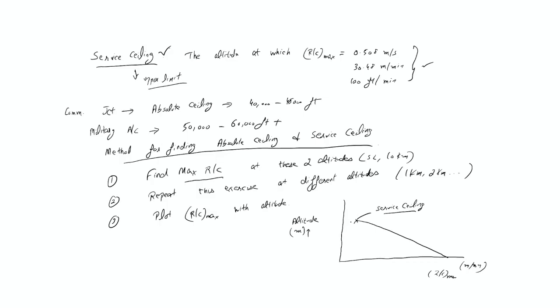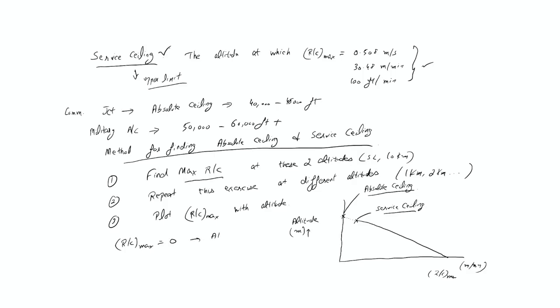And if you extrapolate this curve so that it touches the y-axis, then this point is obviously the absolute ceiling. Okay, so this point is the absolute ceiling. That is where the maximum rate of climb is 0.